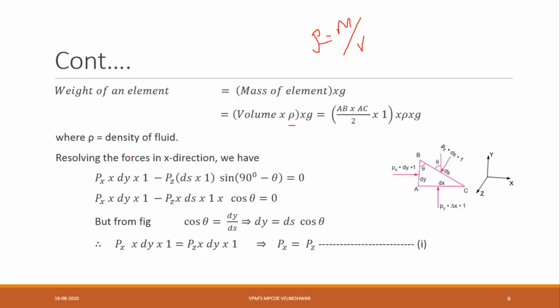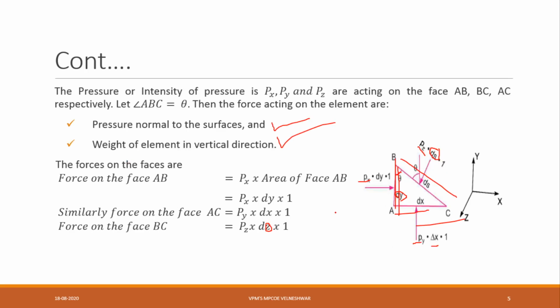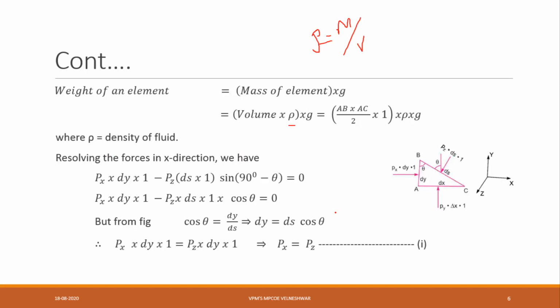What will the volume be? Area into width. The structure is a right angle triangle, so the area is half into AB into AC. Half into AB into AC into 1, where 1 is for 1 meter width, into rho into g. Here rho is the density of the fluid.